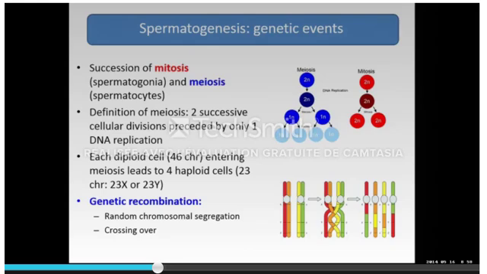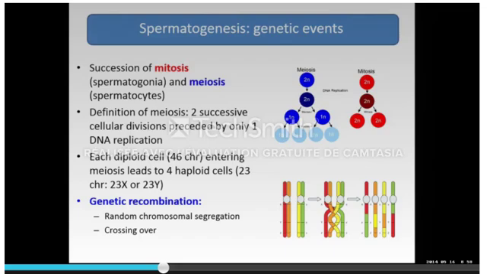I'll go very fast on that, but we've talked about cellular events, and they are in close relationship with genetic events. We've talked about mitosis and meiosis, and as I said earlier, meiosis results in haploid cells. It means that they have 23 chromosomes instead of 46 chromosomes in all the other cells of the body.